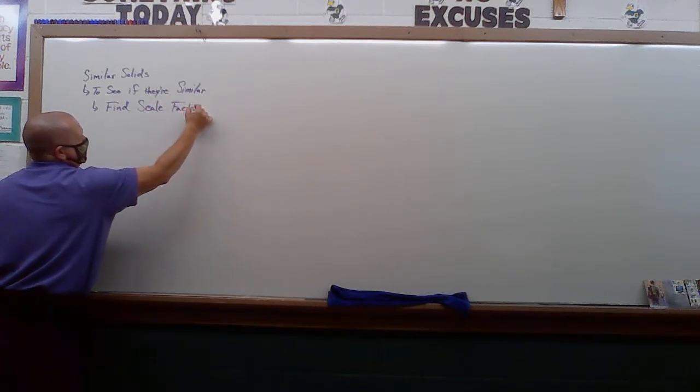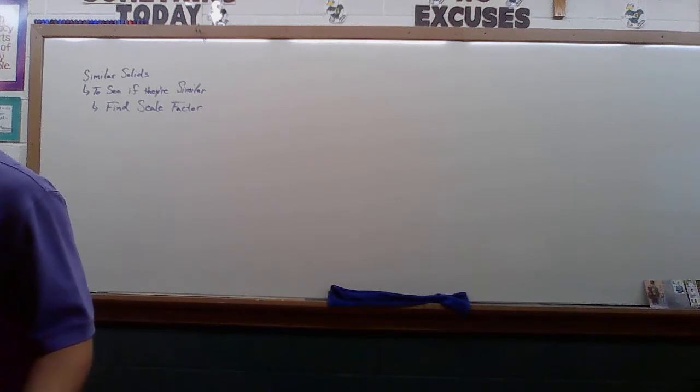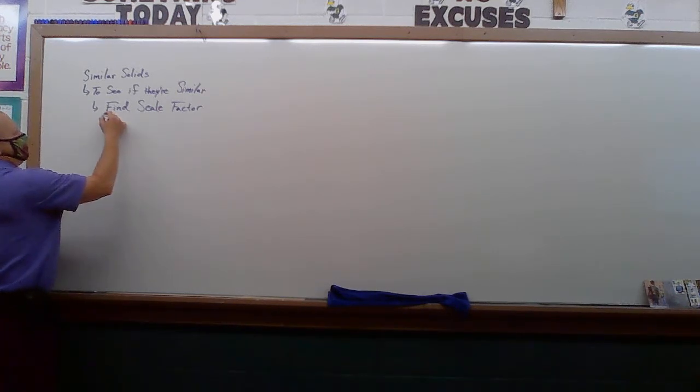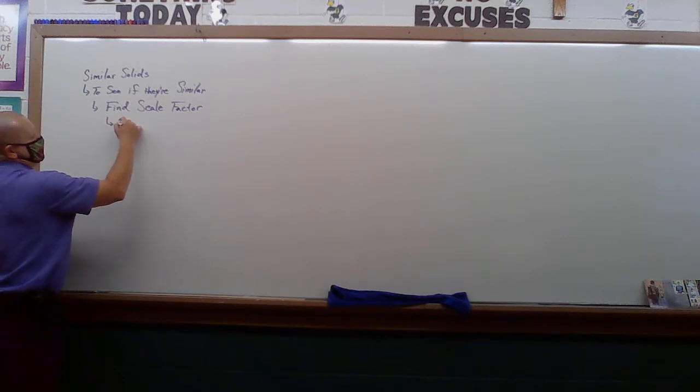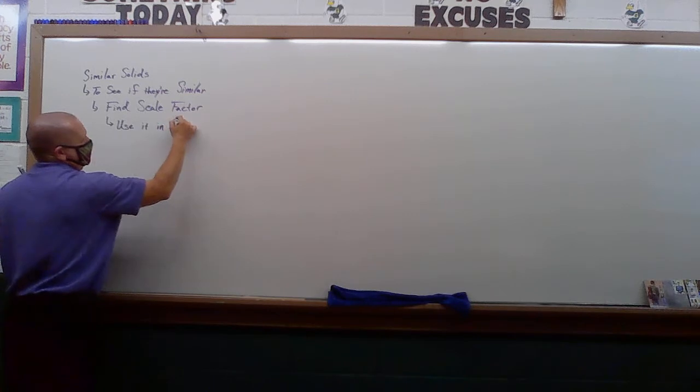When we find the scale factor, what's the most important thing that we do when we use that scale factor to make our comparisons? Perfect. So when we say find the scale factor, you need to use it in the same order all the time.